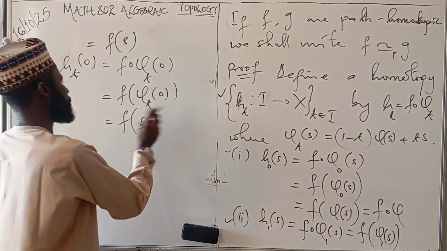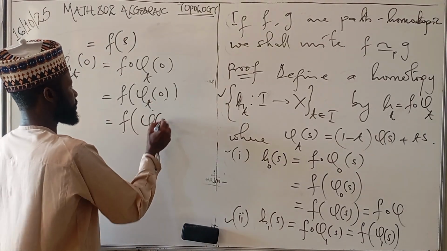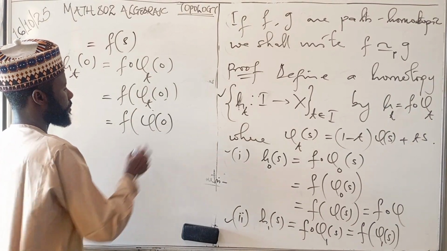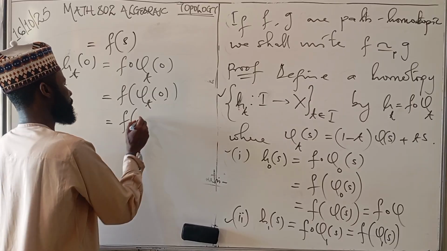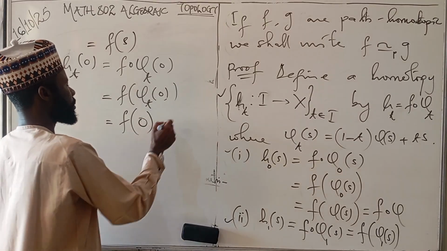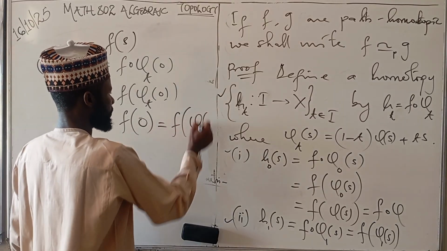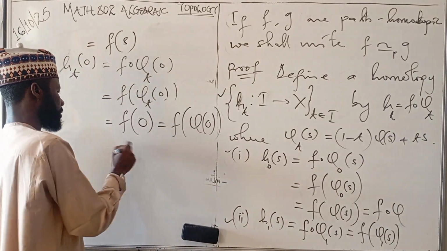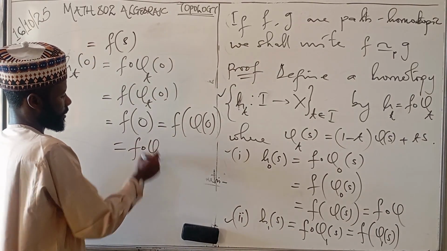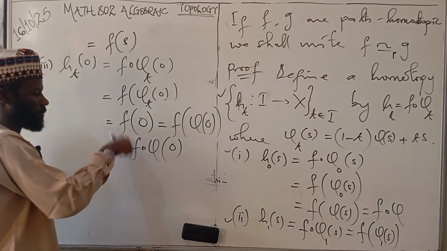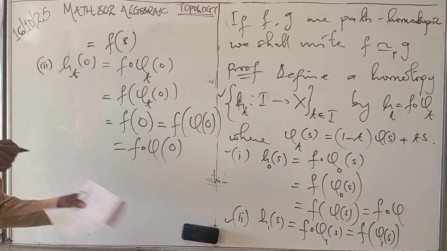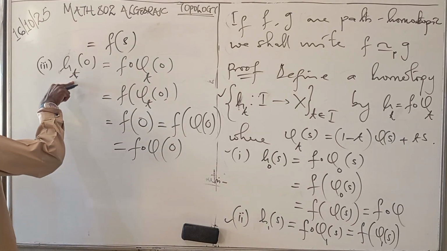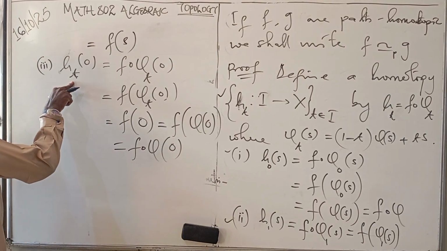You remember, because this is phi of 0, that is what we got, 0, but 0 is pi of 0, because pi of 0 is 0. So what I'm saying is that this is still F composite pi of 0. So therefore, we have the endpoint to coincide, and it is the same for all t. I hope it's okay.